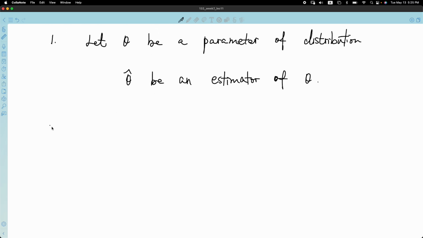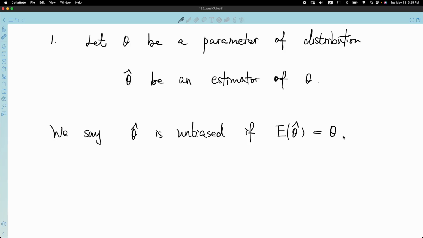And then we say theta hat is unbiased if the expected value of theta hat is equal to the true parameter theta.